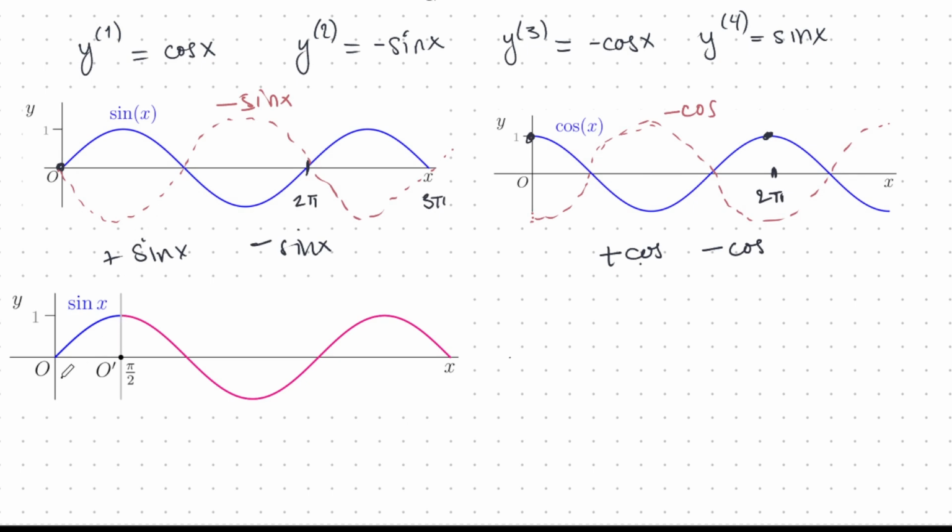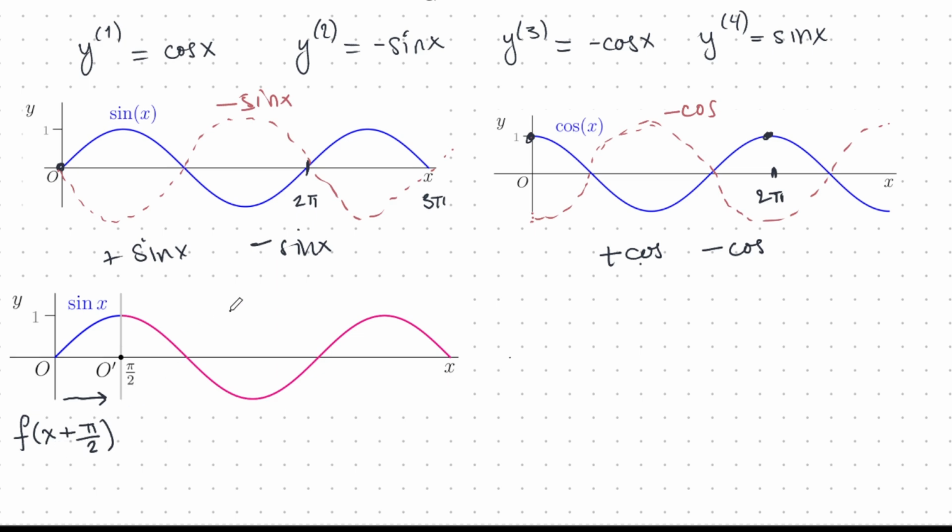So look at what I've done here. I have shifted the origin by pi over 2. And how did I do that? Well, if I take any function and I add to the argument x pi over 2, or I add some value to the argument x, I'm shifting the origin to the right. This is one way of looking at it.